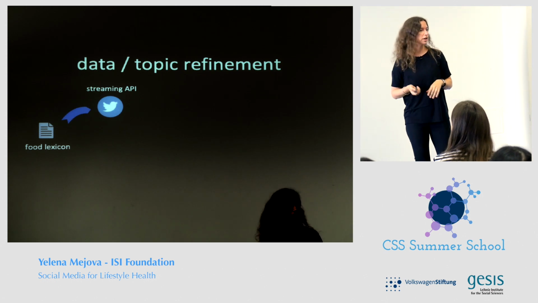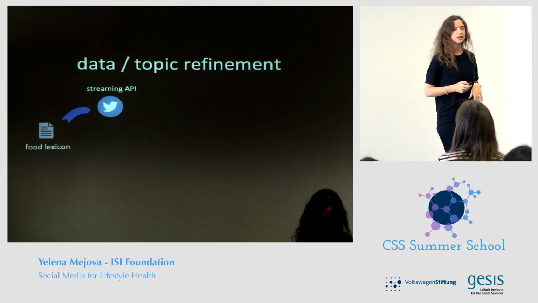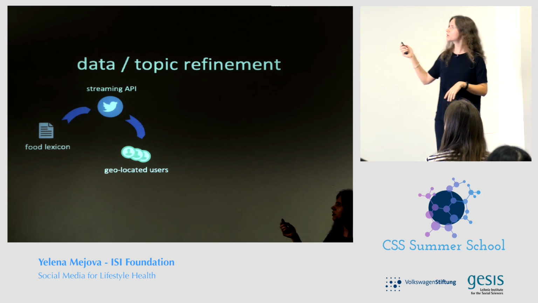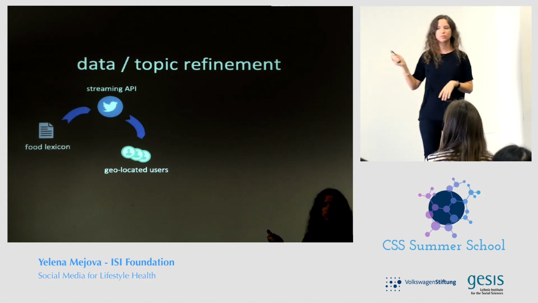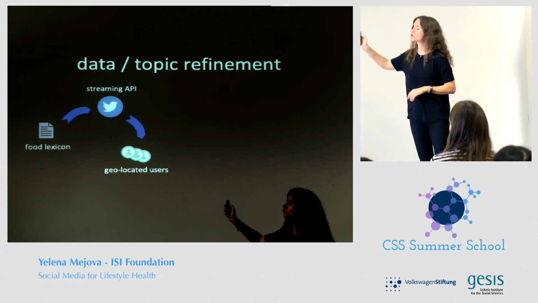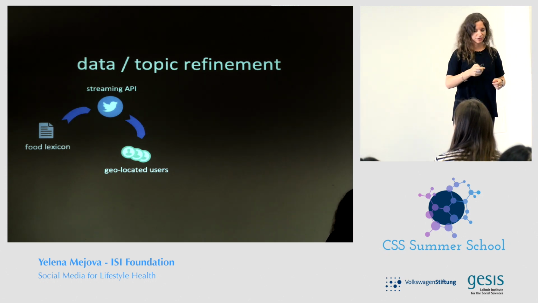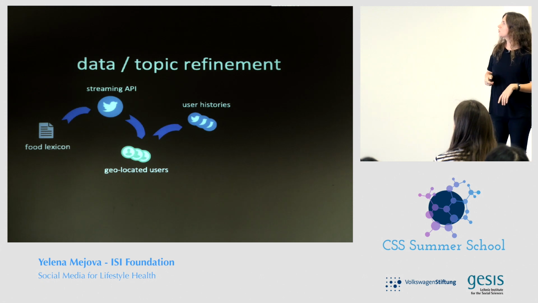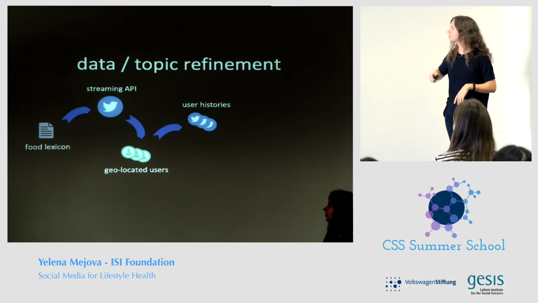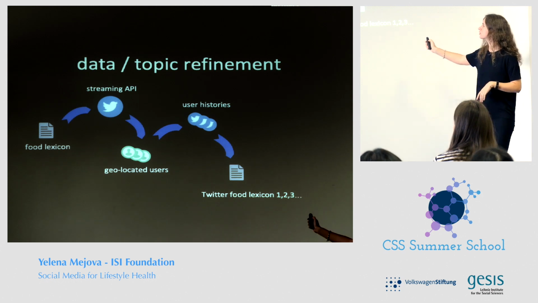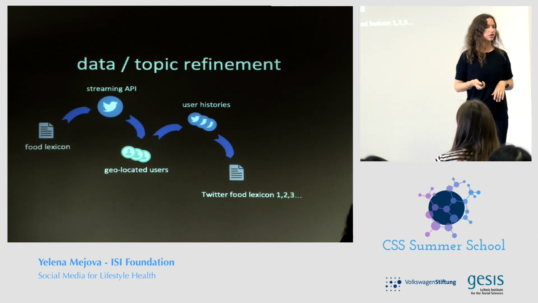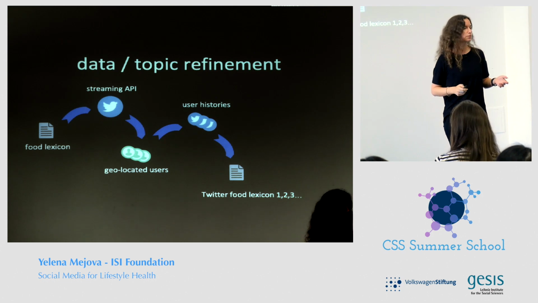Then you go to your API or scraper and get some data and figure out what parts of this data we want to actually analyze. Here we're interested in users that we can geolocate to a particular place. Then we can get histories of these users, of what they said before, and through these histories we can enrich our lexicon and see what else they have been talking about.